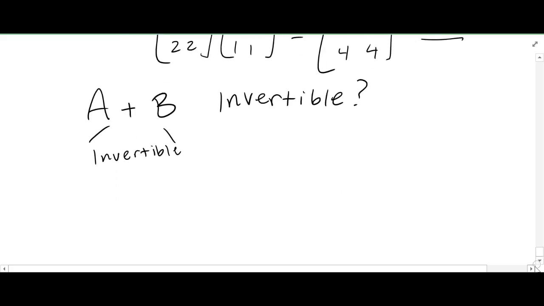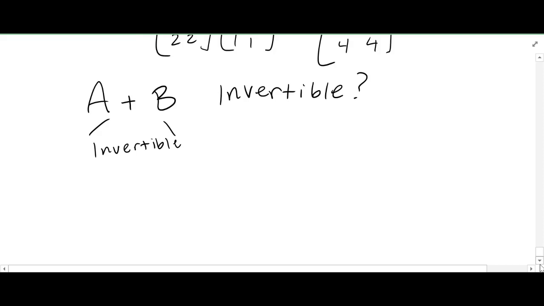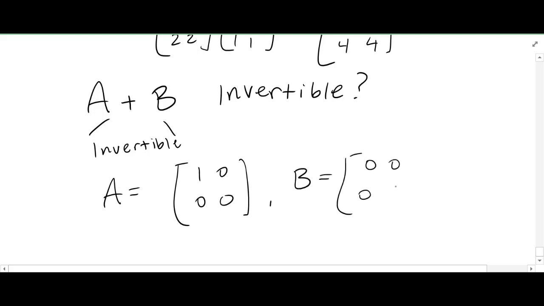Well, they're supposed to be invertible, right? So let's take A to be the identity matrix. That's definitely invertible. Let's take B to be negative identity matrix.